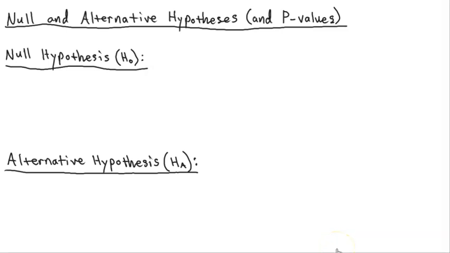So I'm going to give you definitions for null hypothesis and for alternative hypothesis. You see this symbol here. This is a capital letter H with a little subscript of 0. We often call this H0, or H sub 0, or we just say the null hypothesis.